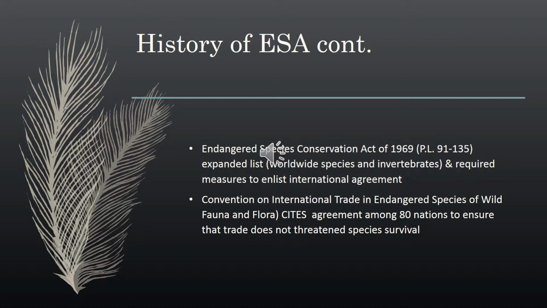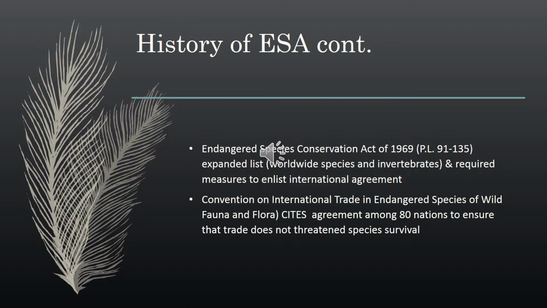There is a longer history of the development of the Endangered Species Act. In 1969, there is Public Law 91-135, which is titled the Endangered Species Conservation Act of 1969, where it had an expanded list of species and invertebrates and required measures to enlist international agreements.